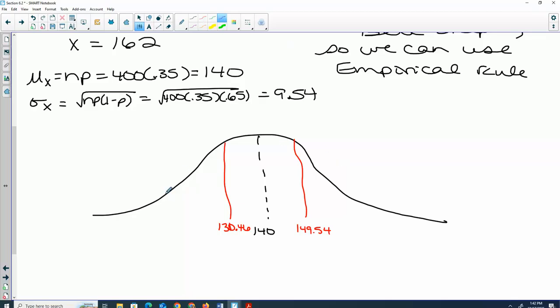And then 2 standard deviations, if we add and subtract it again, 120.92.